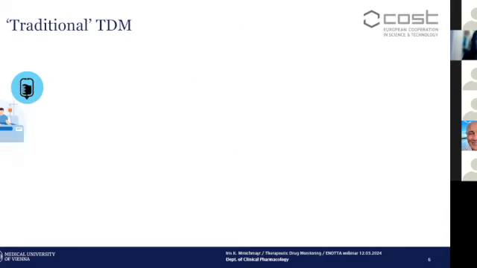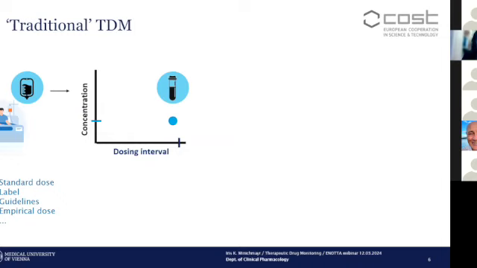The TDM workflow starts with the administration of an initial dose, often according to the label, according to guidelines, or certain patient characteristics like renal function or experience. After reaching steady state, a blood sample is taken, often at the end of the dosing interval.